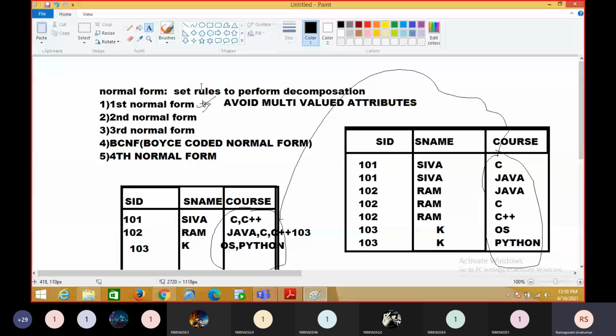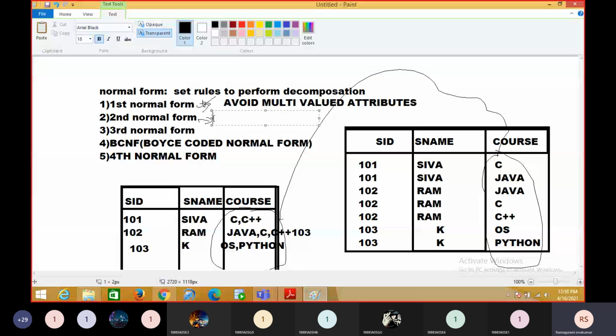The rule is: it must not contain any partial dependency.